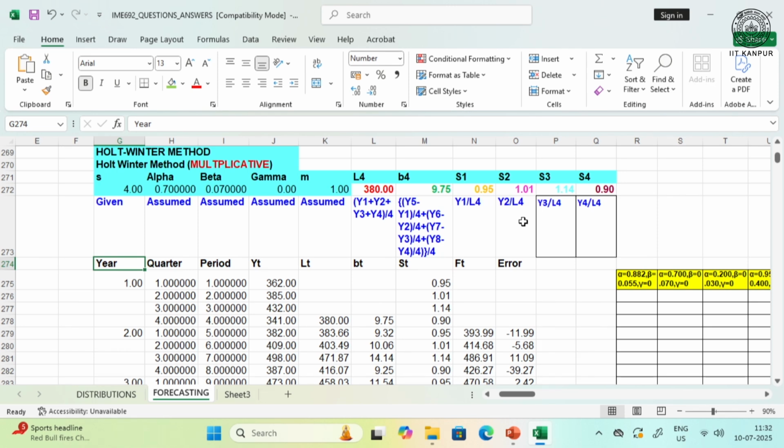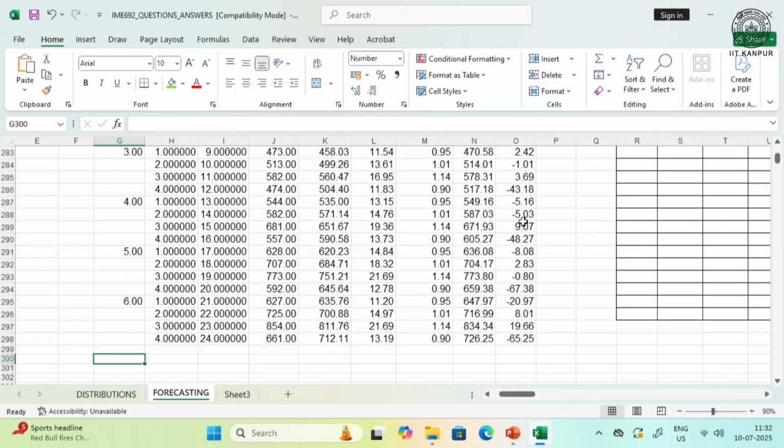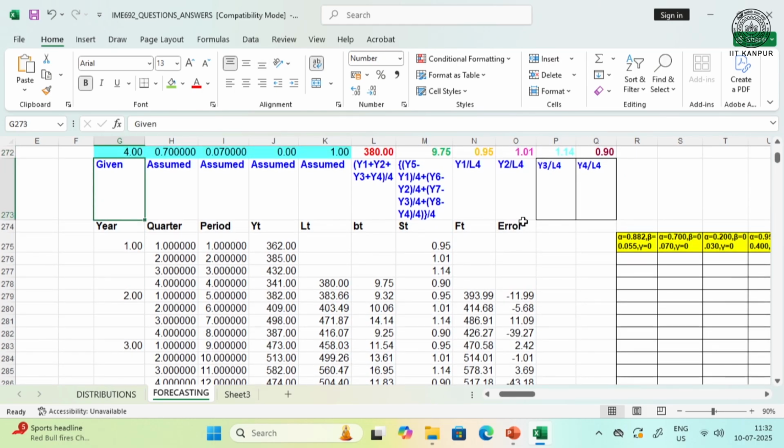The data has all been copied. It is given from year 1, if you see, till year 6. I have just put it all vertically. Then the quarters are given 1, 2, 3, 4, 1, 2, 3, 4, and if you consider the seasonality concept, small s is 4.